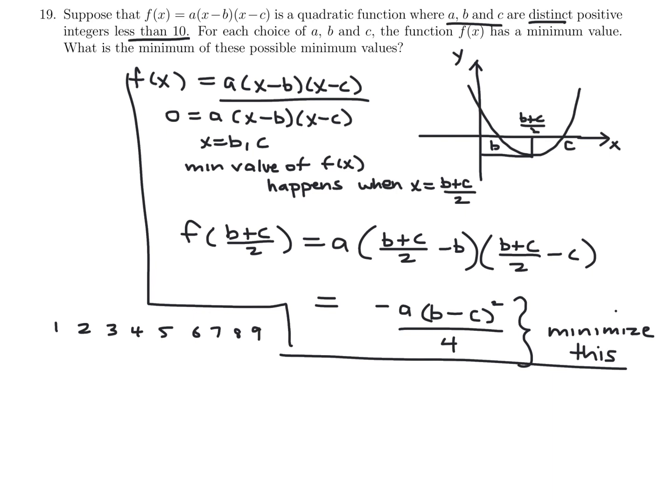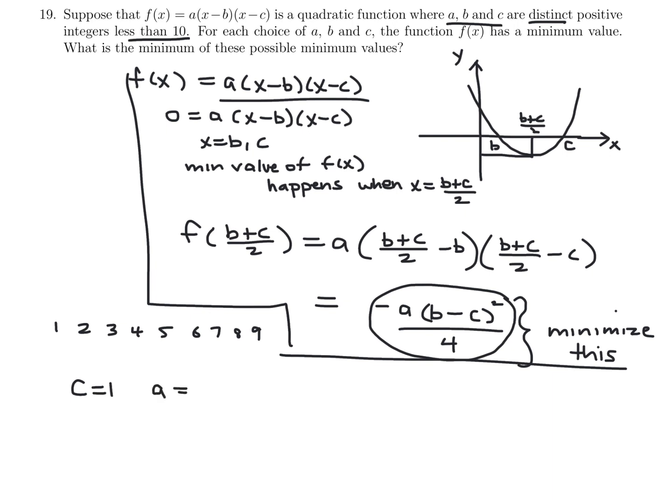Okay, so let's see how we can minimize this. Let me think about this. If I want this expression to be as low as possible, then I've got to choose the largest a and the largest b, and then c has got to be as small as possible, so that's a 1.